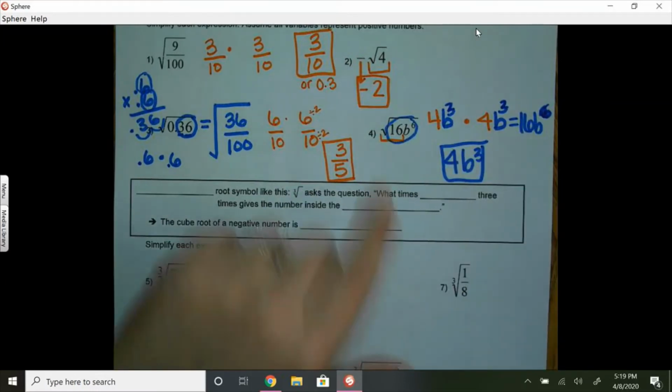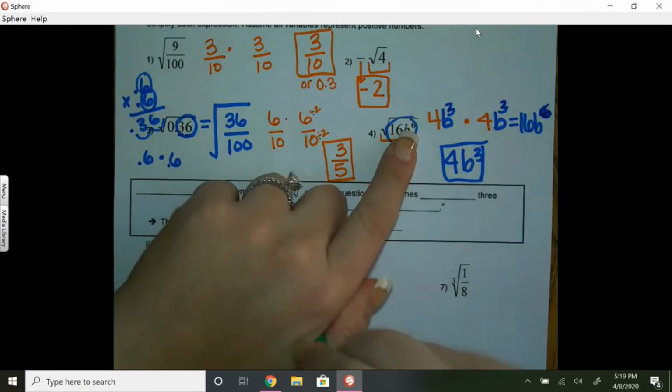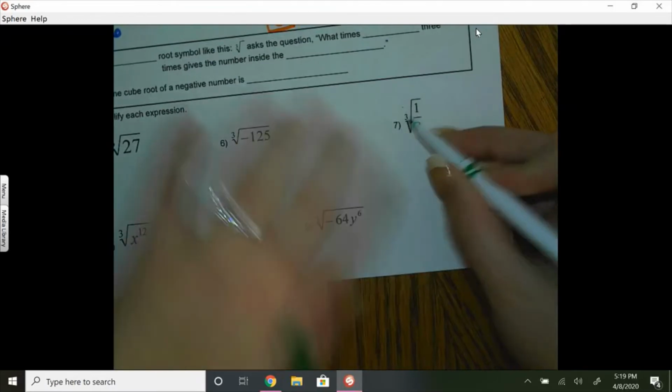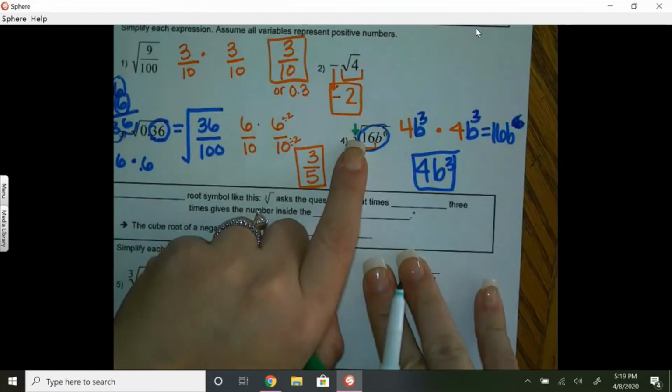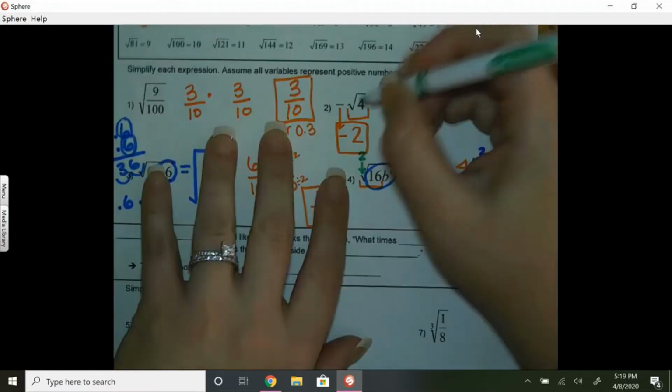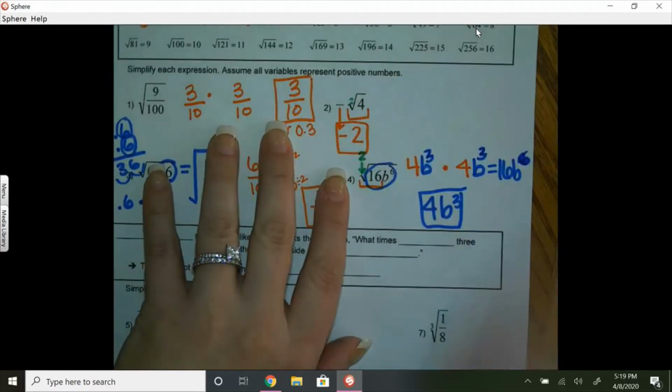So the trick is when you have an exponent, you're going to take whatever number's right here. So as you can see, in this problem, it's a 3. So when there is no number right there, it's going to be a 2. So if it doesn't have a little number, all of these don't, there's like an imaginary 2 there.